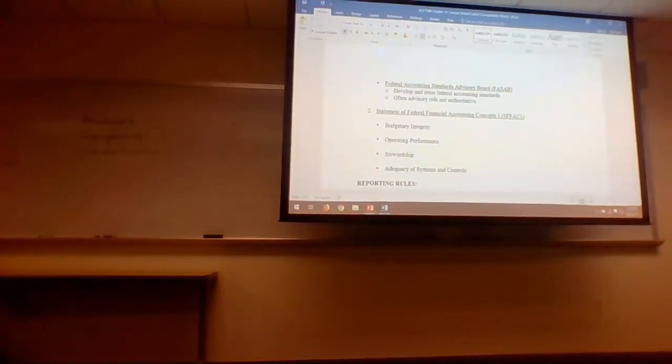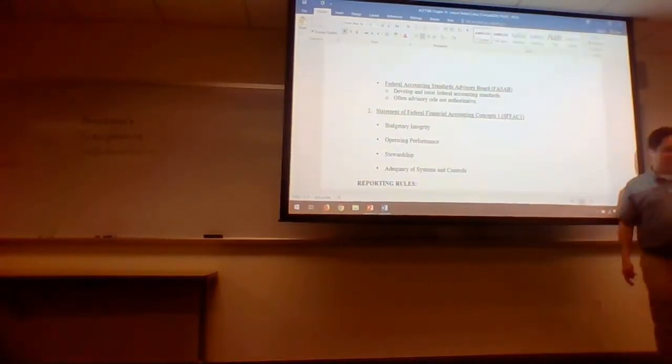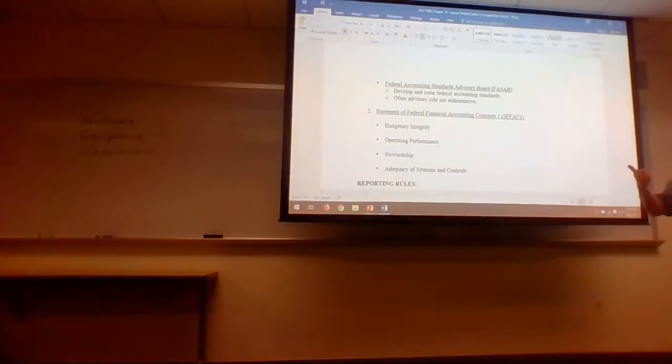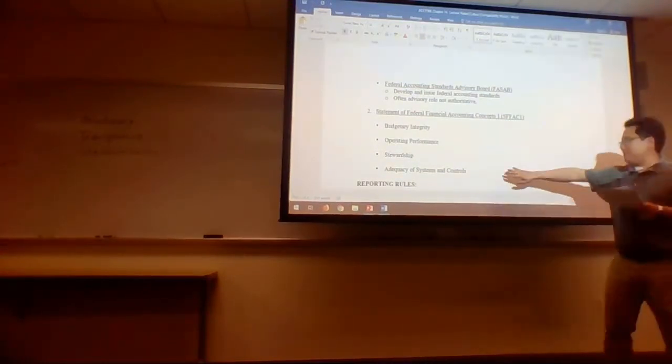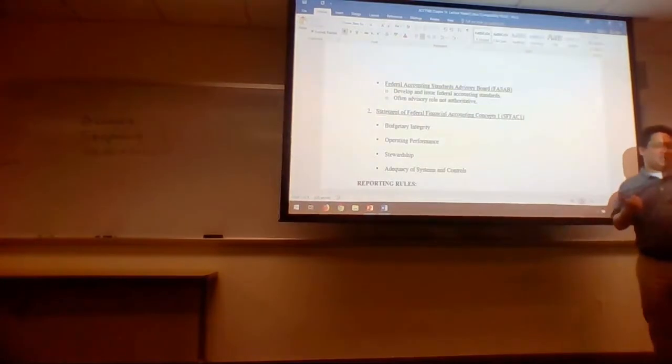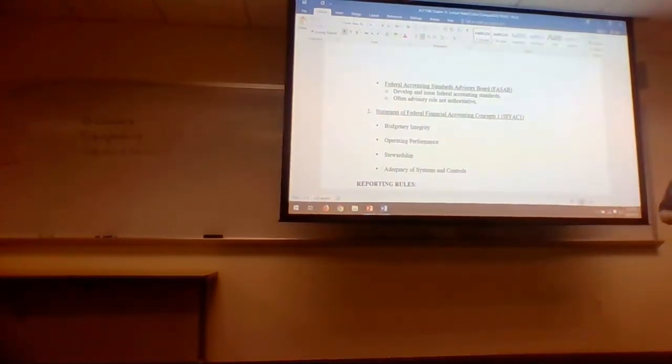A misstatement means that the financial figures are incorrect, and financial figures can be incorrect for one of two reasons. An error is unintentional. Fraud is intentional. So you're trying to prevent misstatements from intentional and unintentional sources. That's what we mean by adequacy of systems and controls.